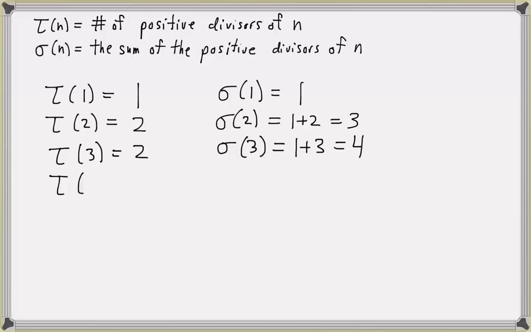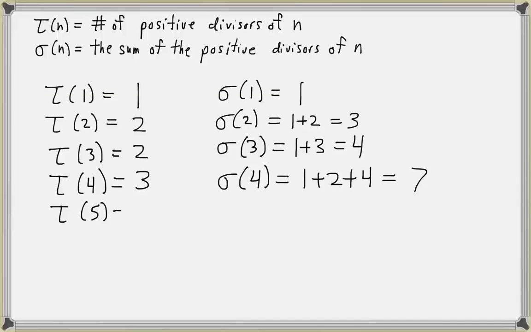Tau of 4 is 3, because the numbers 1, 2, and 4 divide 4. Sigma of 4 would equal 1 plus 2 plus 4, which is 7.